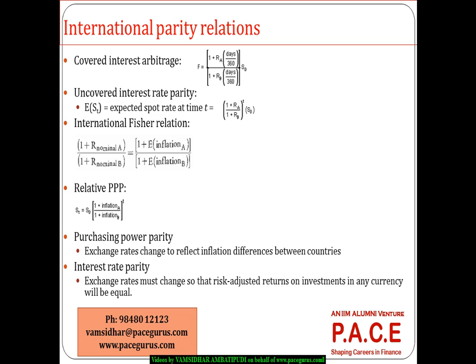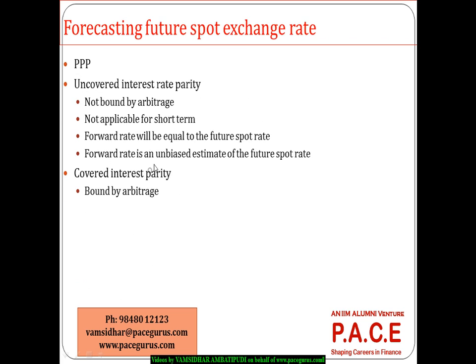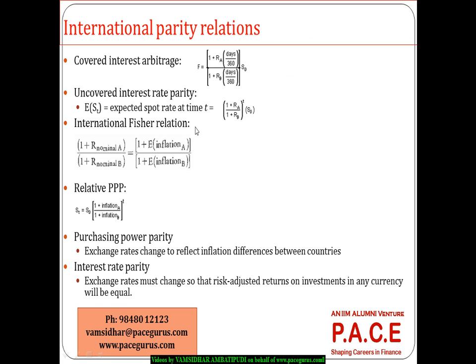Now let's look at the next important topic, wherein we are looking at the various international parity relations. To start with, we are getting into the covered interest rate arbitrage. What is this covered interest rate arbitrage?